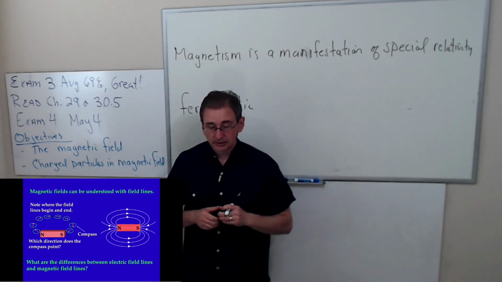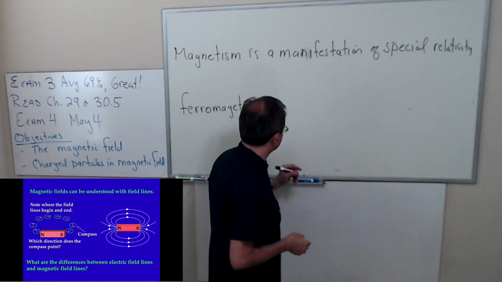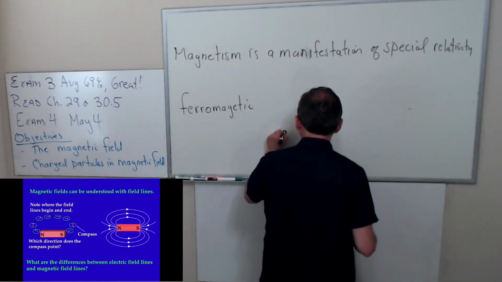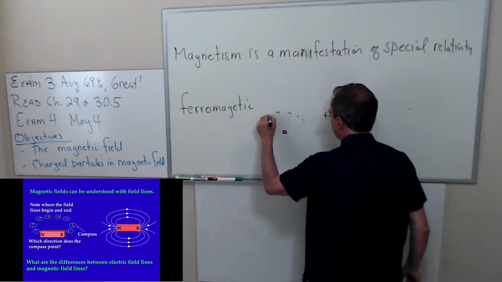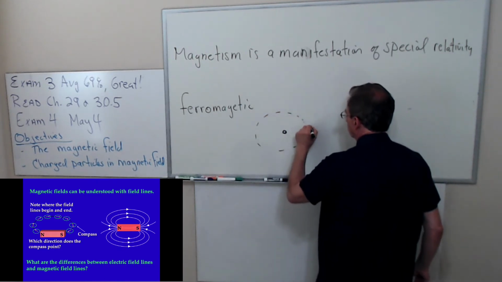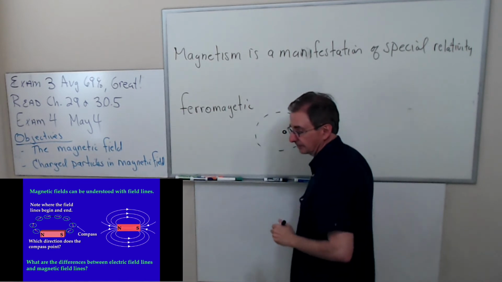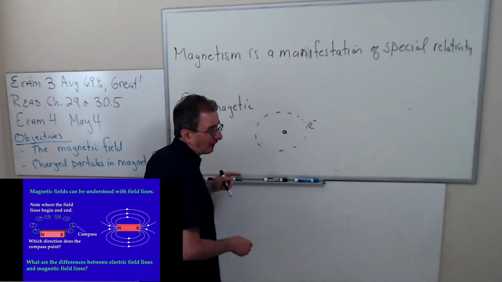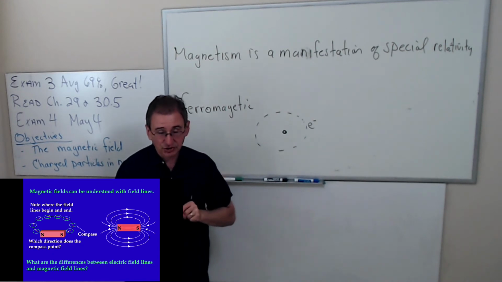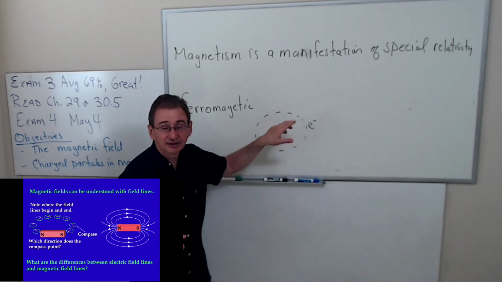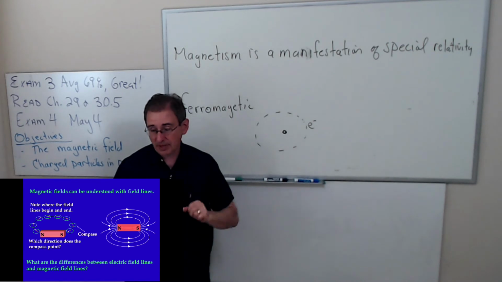Okay. If you have an atom, you have the nucleus of the atom, and then you have electrons going around the atom. Just the fact that the electron is going around an atom, you have a charge moving around, that will produce a magnetic field.